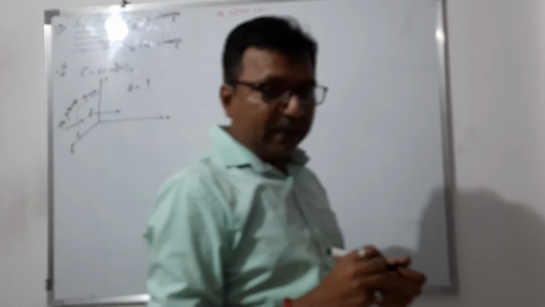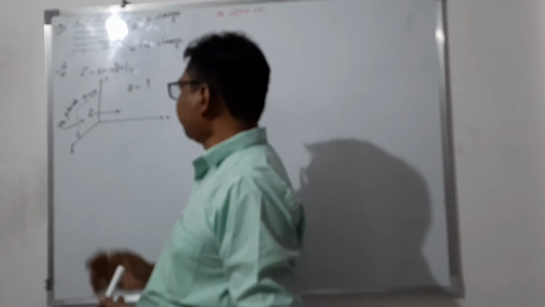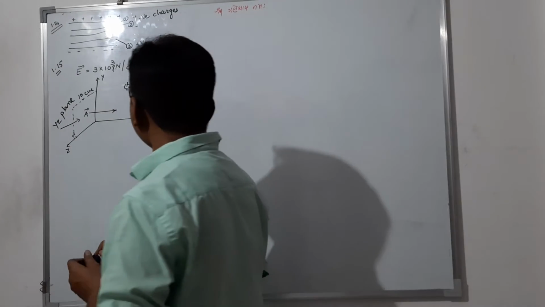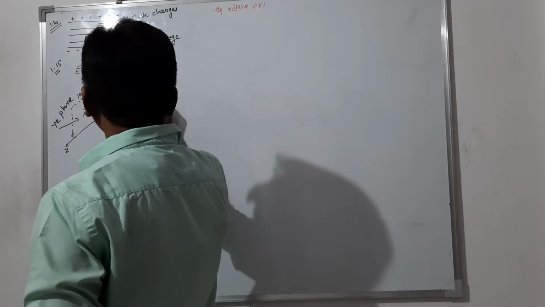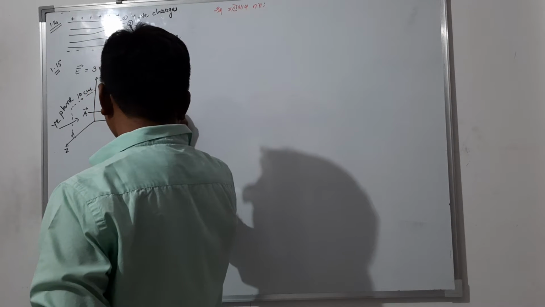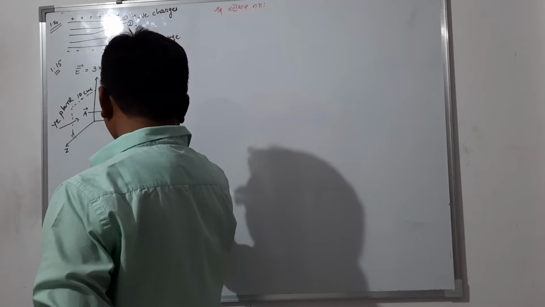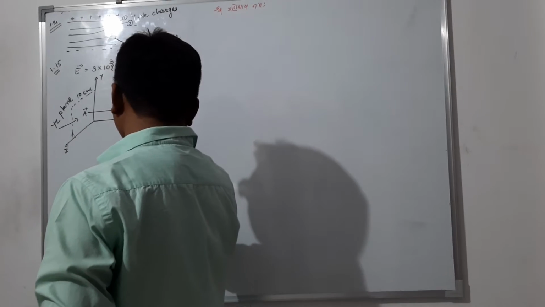What will be the flux with respect to this area? So your length is equal to 10 centimeter, that means 10 into 10 raised to minus 2 meter, and it means 10 raised to minus 1 meter.